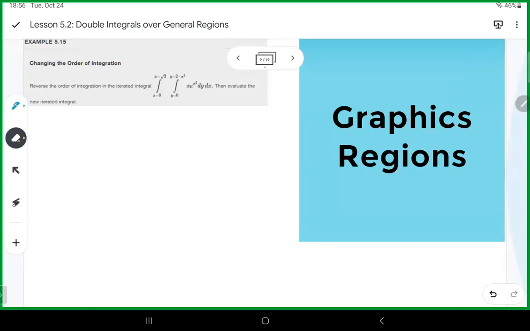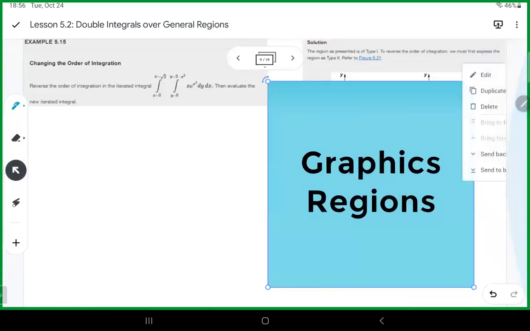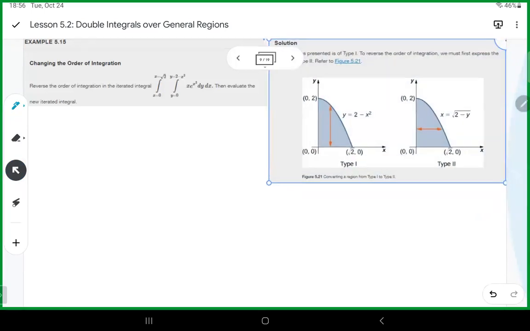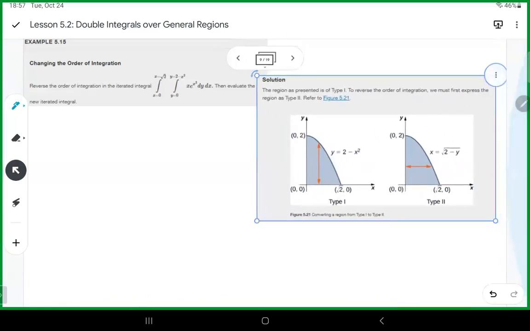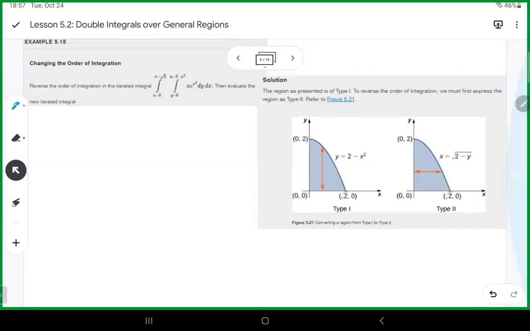I'm going to assume that this little graphic helps you see what I'm saying. By reversing the order, we have the region bounded on the left by x equals 0 and on the right by the square root of 2 minus y, where y is in the interval 0 to 2.